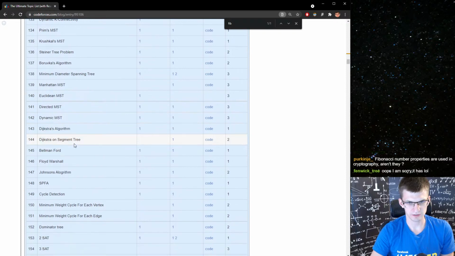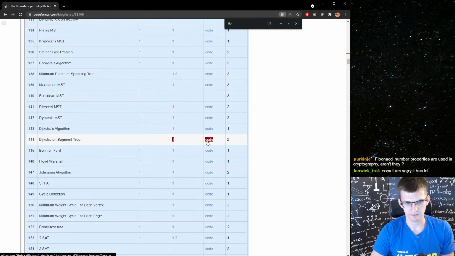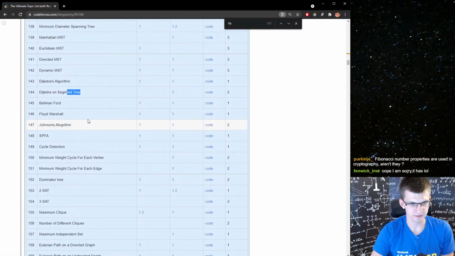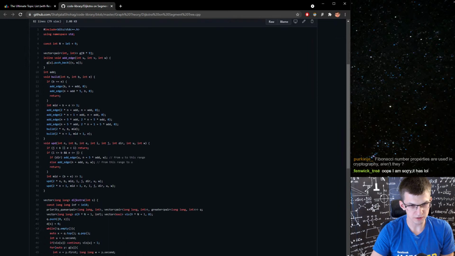Dijkstra algorithm, Dijkstra segment tree. Is that a legacy problem? Yeah, legacy. Very good problem. But then, again, good problem. I don't know if this should be called a technique. What is the time complexity of this solution?